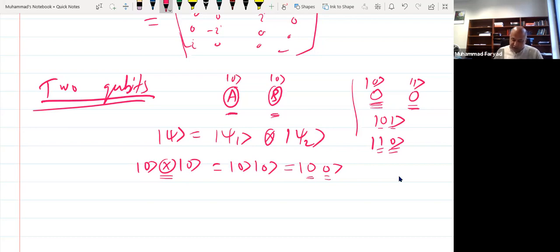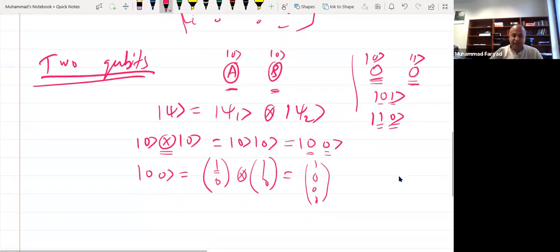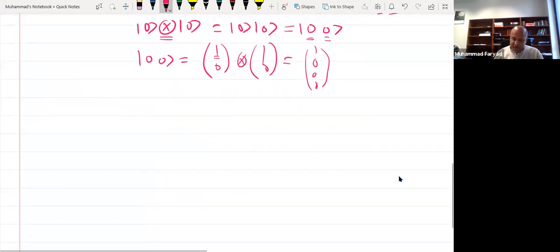Anyway, let's work out this state 0 0 in matrix form. The state of the first qubit is (1, 0), and then tensor (1, 0). So this 1 multiplies with (1, 0), and I get (1, 0), and then 0 multiplies with (1, 0). So this is (1, 0, 0, 0). It means that this 0 0 state can be written as this (1, 0, 0, 0) column vector.